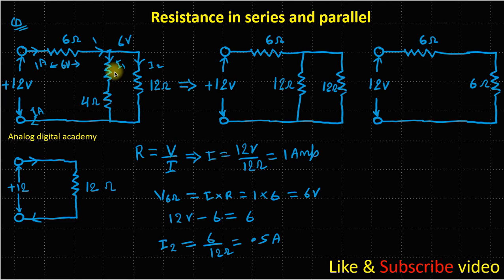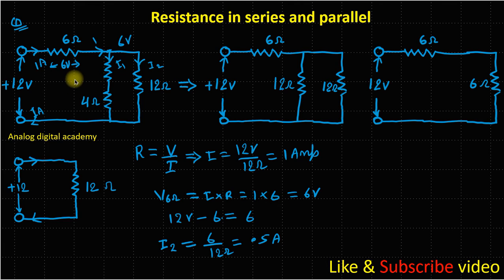Now there are two ways to calculate the current of this branch. Either you can subtract this current from the total current, so we will get this branch current. Or another way: here the voltage is 6 volt across this, and here is 0 volt because this is the ground. So the voltage across this is 6 volt and the resistance we also know.